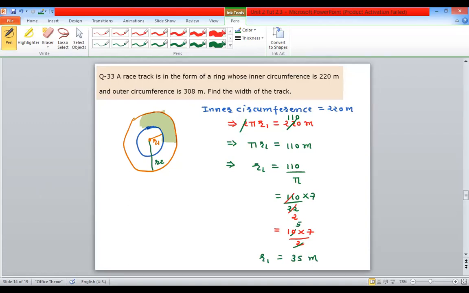Similarly, you calculate the outer using the outer surface circumference. So I got the inner radius. Now the second circle whose circumference is given, it's 308 meters. Let me find the value of R2.